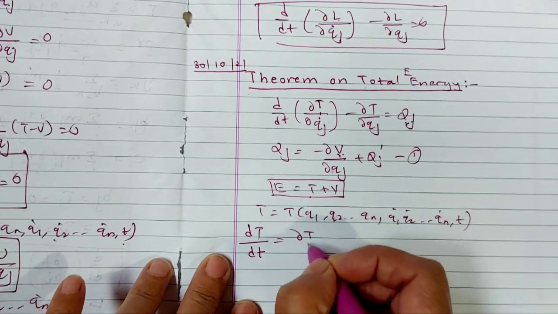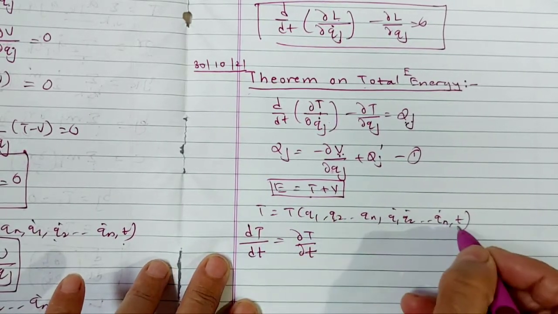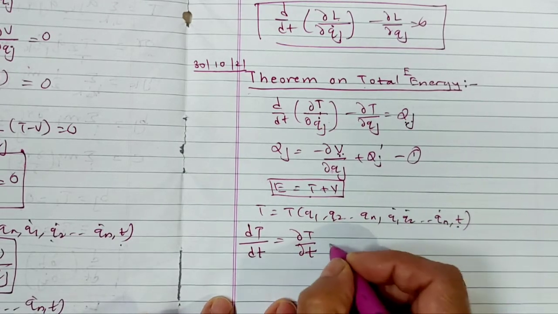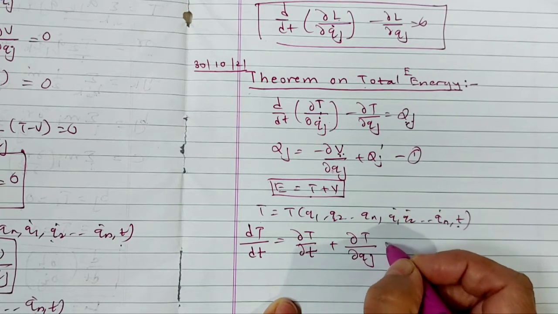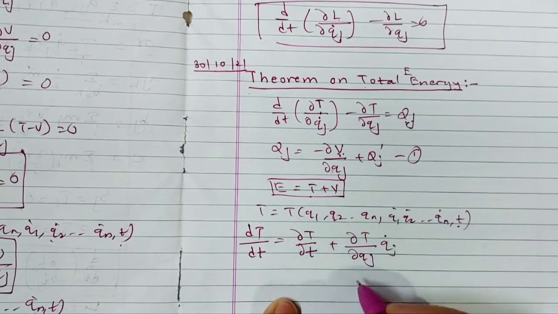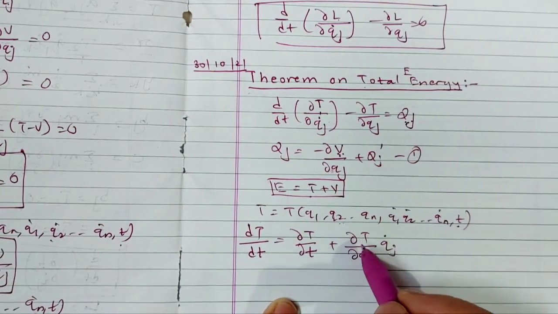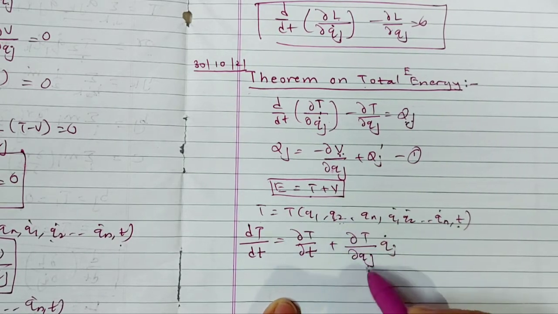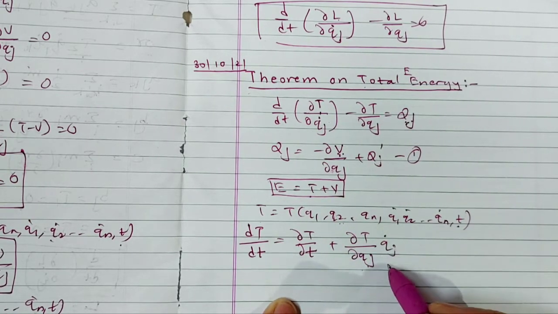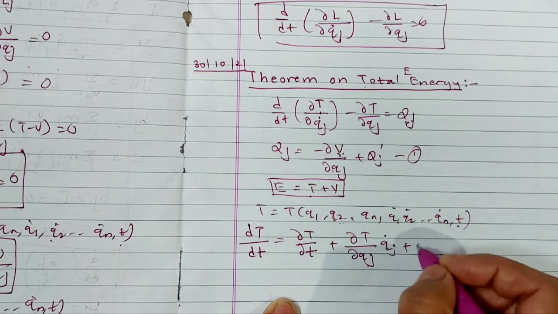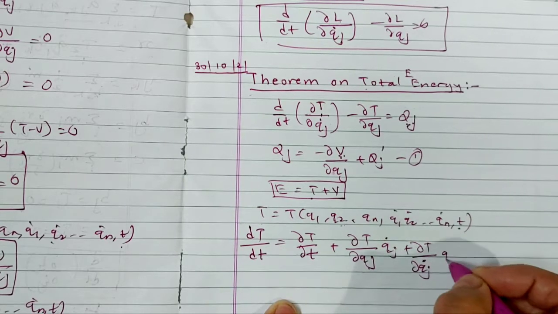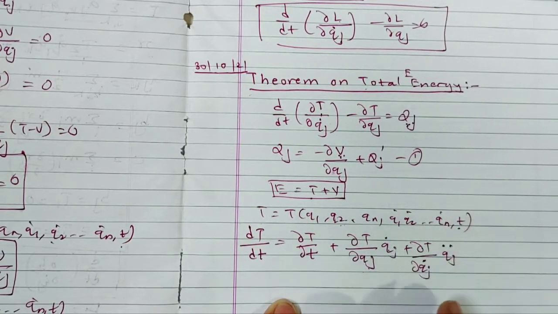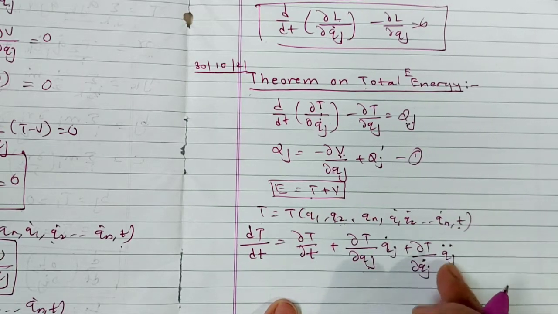How will you write that? ∂T/∂t, taking this function first, plus ∂T/∂qj into dqj/dt, which is qj dot, plus ∂T/∂qj dot into qj double dot, which is d(qj dot)/dt. That's why qj double dot.